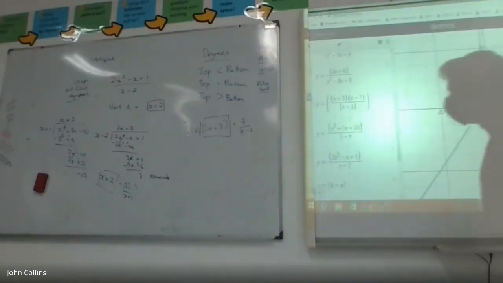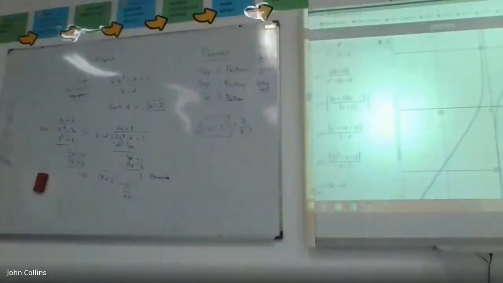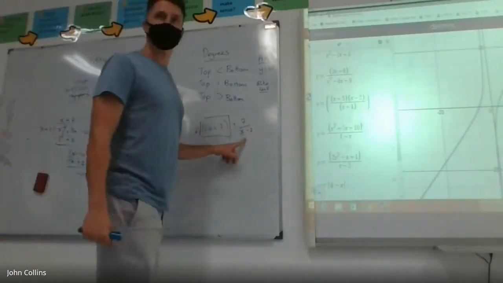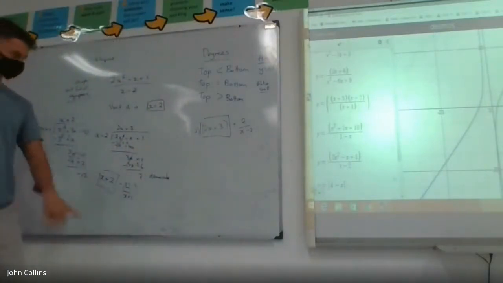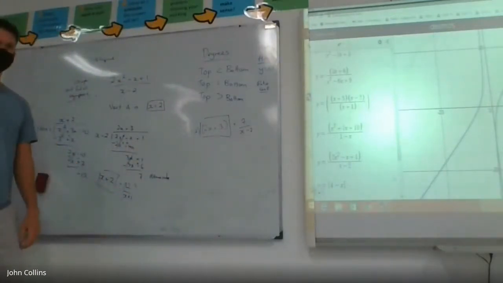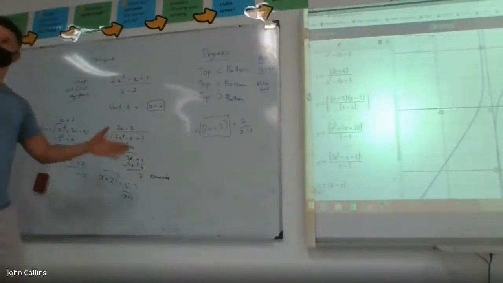Why does it never quite get to it? It gets close. This fraction determines how close this one gets. It gets huge, but so does the asymptote.